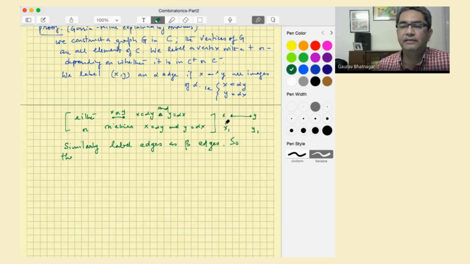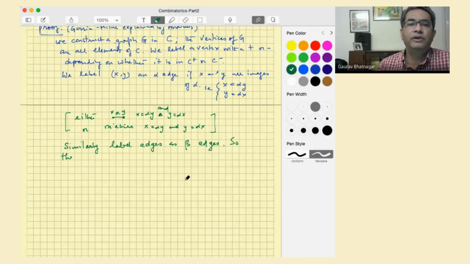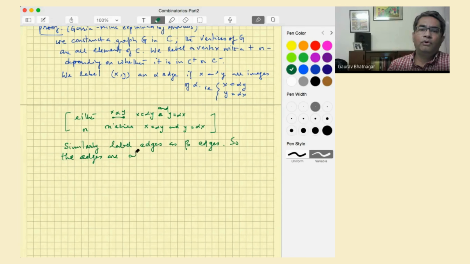That's all it's saying. Both of them are images of each other. That's the point. So the edges are all given by these alpha and beta in the graph.